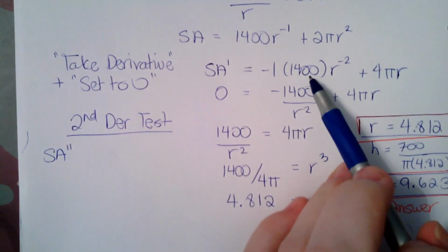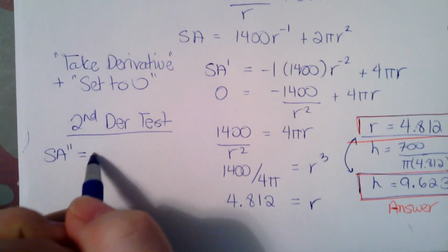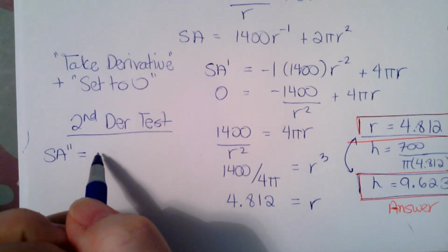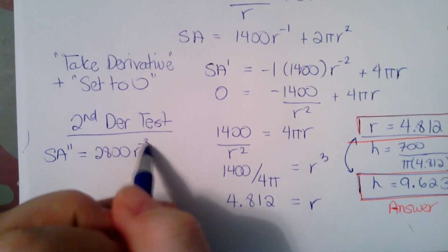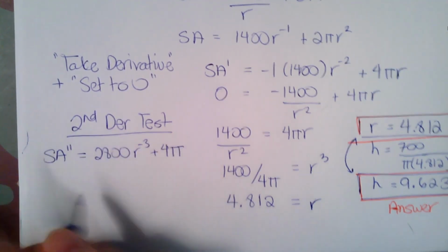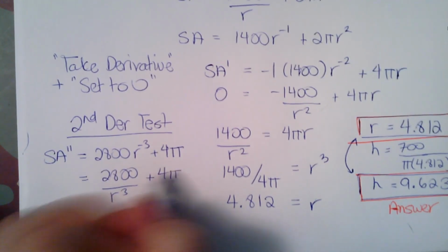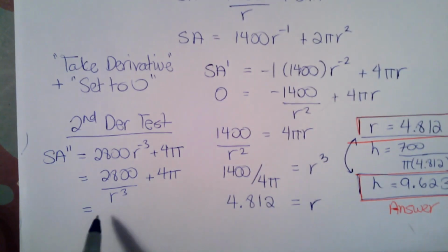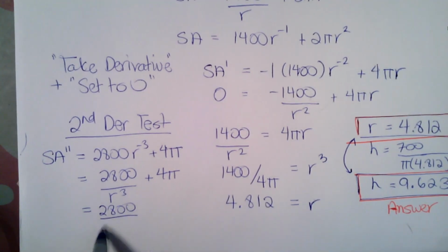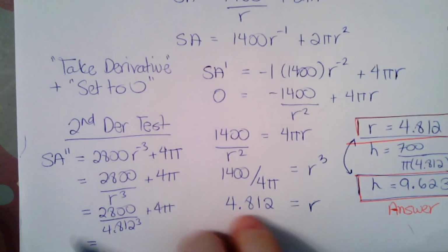So here was the first one. If I do this a second time, I get 2800 r to the negative 3 plus 4 pi. So if I sub in my answer for r, let's see what I get.